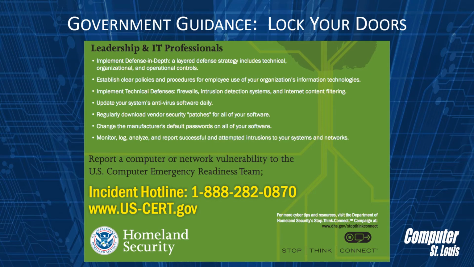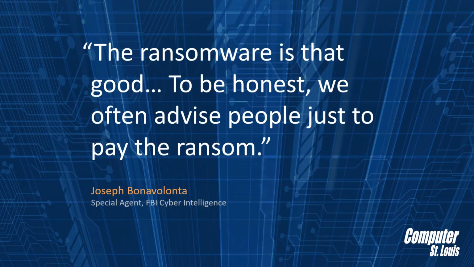The government guidance in terms of what to do about malware and hacking: lock your doors, get a firewall, get antivirus, update patches. The government guidance is basically secure yourself as best as you can, because they also say the fix for ransomware isn't that good. To be honest, we often just advise people to pay the ransom.